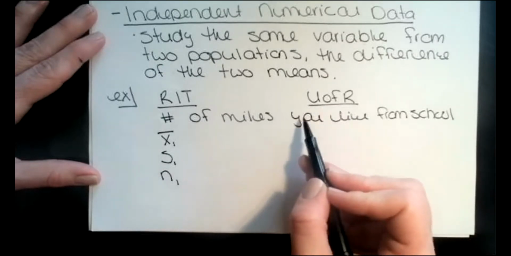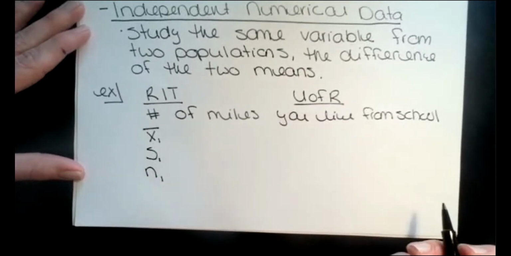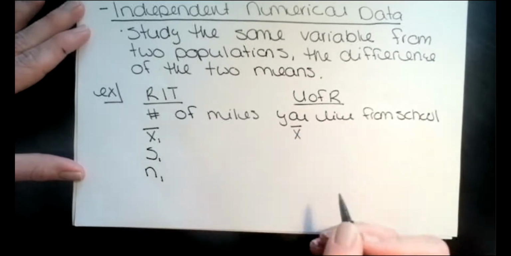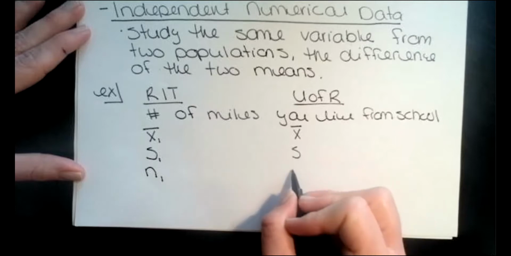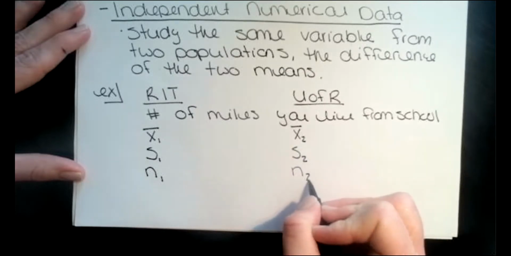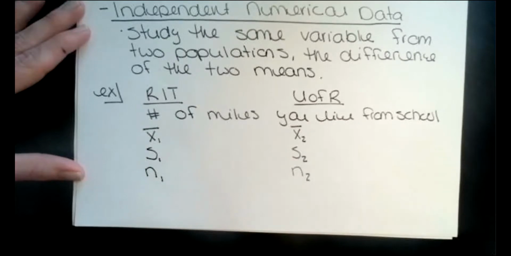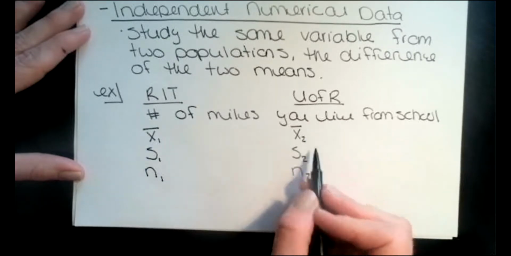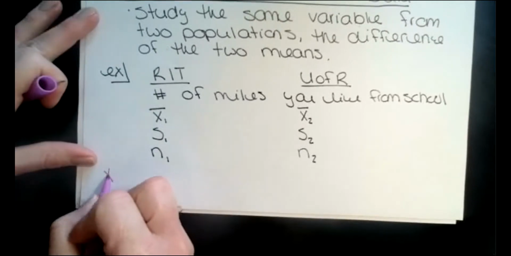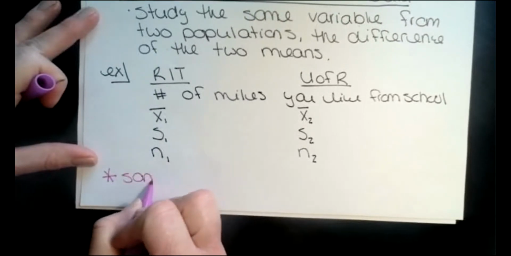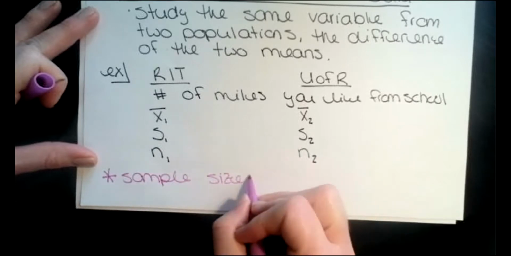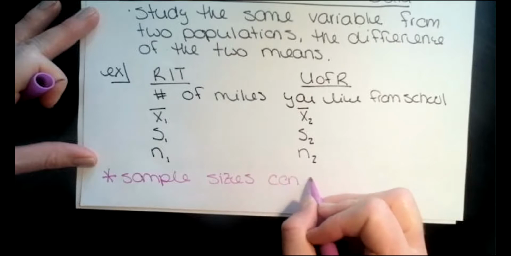For U of R, I'm going to ask the same question, how many miles you live from school. We're also going to get an X bar, an S, and an N. I'm going to use a little two for notation for group two, so I know they're different values. The sample sizes can be different.